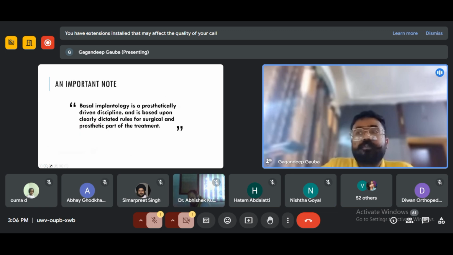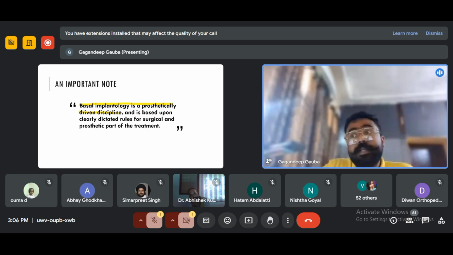Okay. Now we are moving on to the next slide. A very important note I want to bring in front of you is that basal implantology is a prosthetically driven discipline. Many people think that basal implantology is an oral surgery based discipline because the fundamental principles of basal implantology are derived from orthopedics and also traumatology.